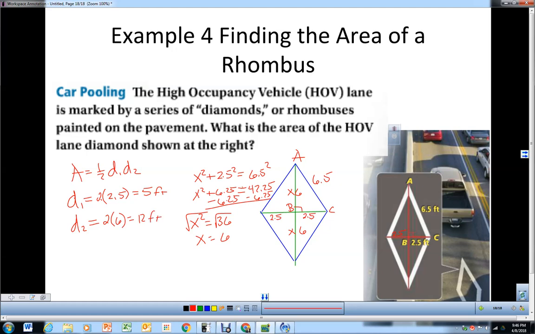So now we have both our diagonals. So area is equal to 1/2 of 5 times 12. 5 times 12 is 60, so half of 60 will give us 30 square feet. So the area of this one diamond is 30 square feet.